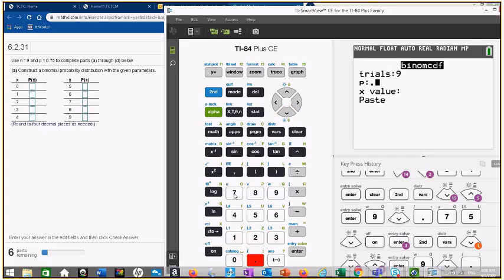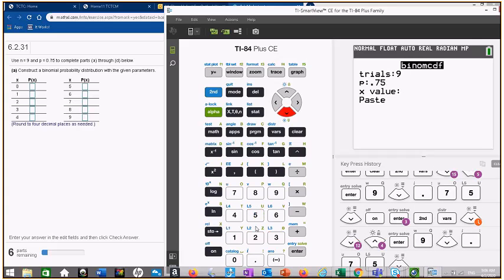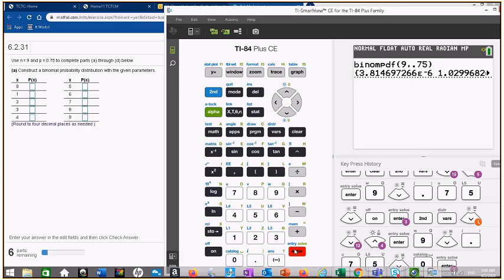9, 0.75, and 0. I thought PDF was single, but anyway, that's going to be 5 zeros, then 3, 8, 1, 5.